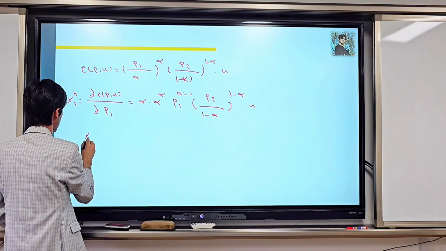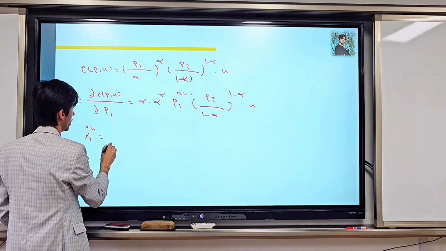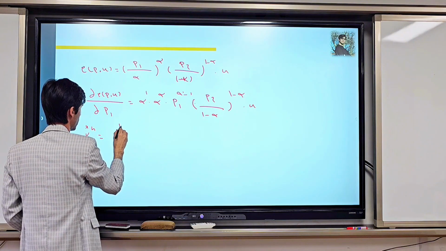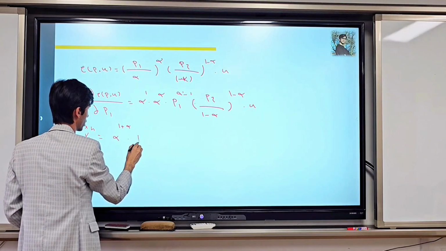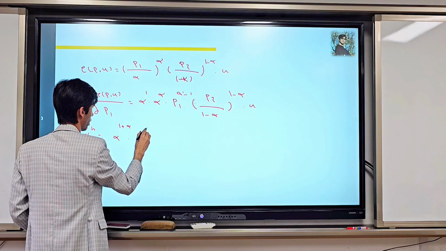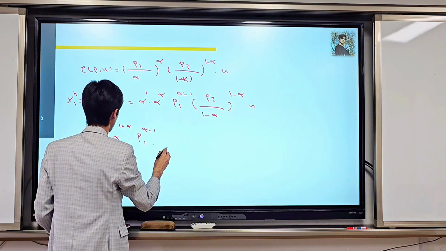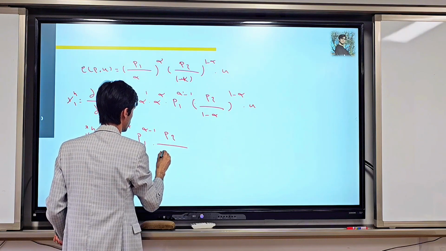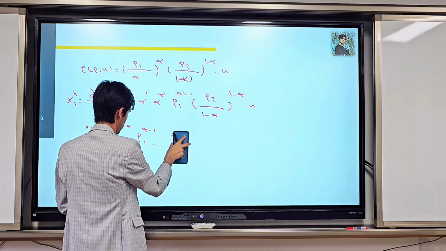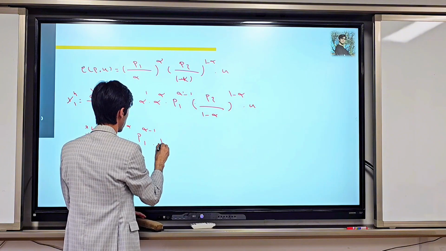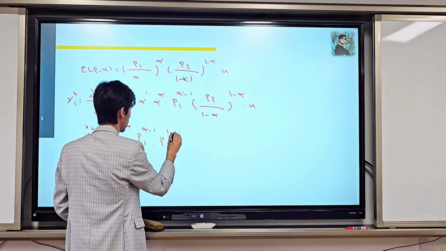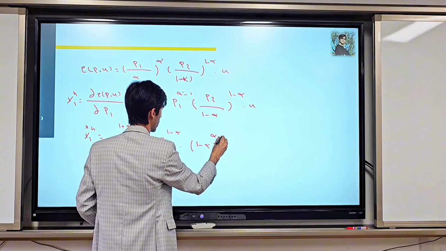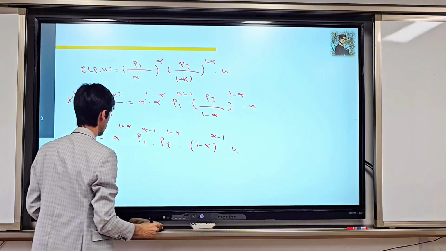Then we'll have x1h star is equal to this alpha. Here we have 1 minus alpha multiplied by P1 to the power of alpha minus 1 multiplied by P2 to the power of 1 minus alpha multiplied by (1 minus alpha) to the power of alpha minus 1 multiplied by utility.